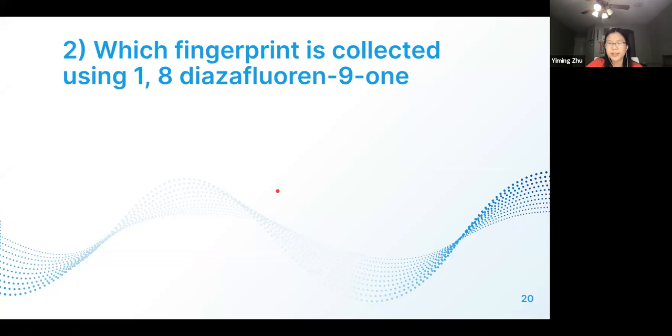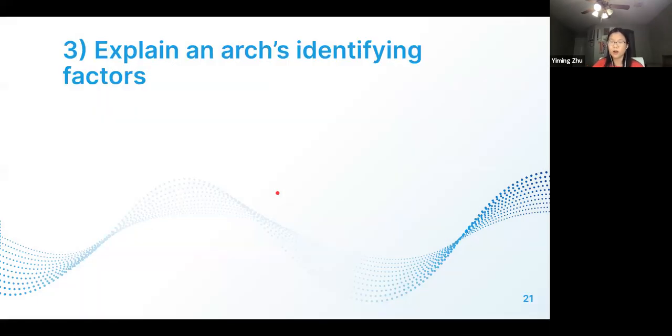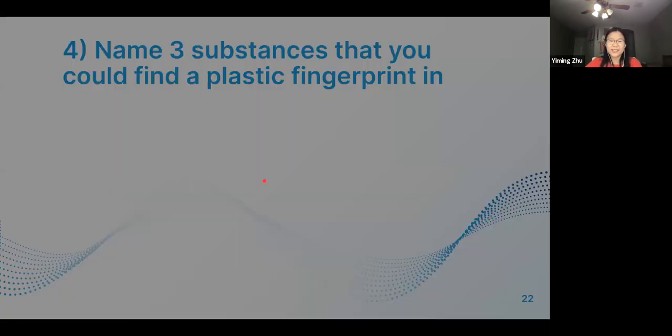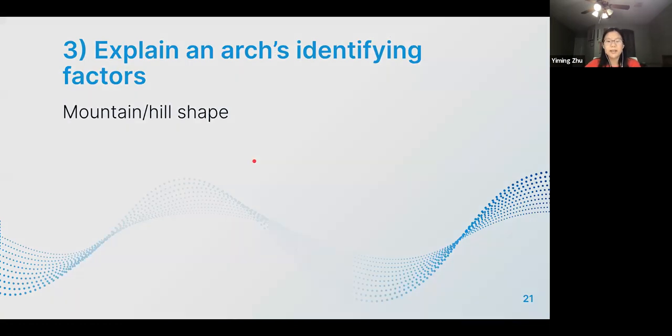So that's another way to identify whether it's an arch or a loop. Other than that, I wouldn't say there are very many. Yeah, exactly, Carol, that's really good. I couldn't have said it better. Yeah, hill-like properties. Oh yeah, there's mountain, hill shape.